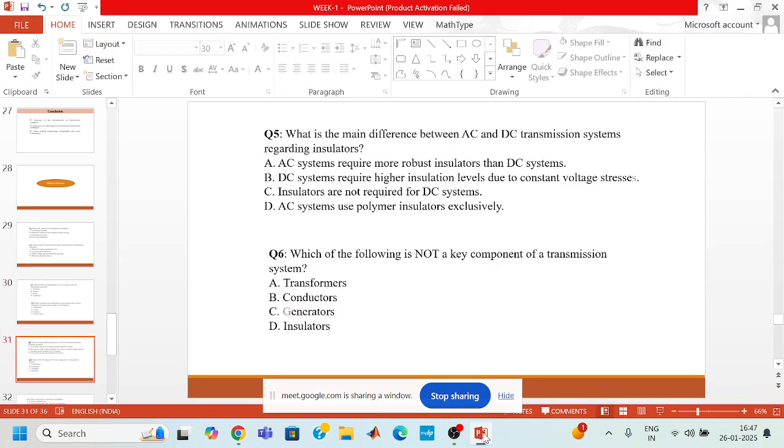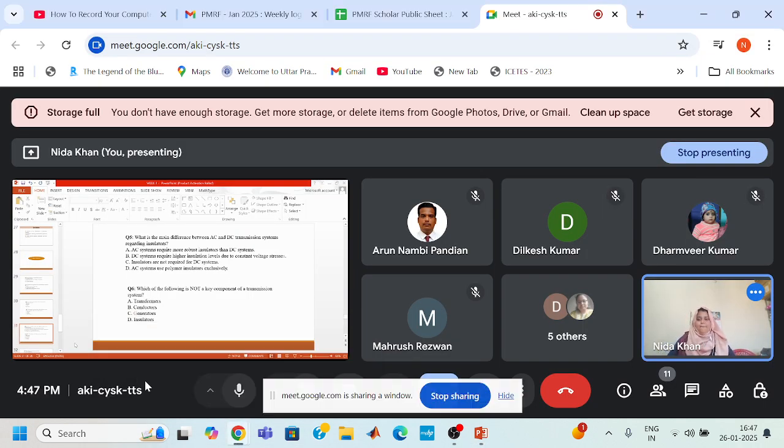Okay, the next question is, what is the main difference between AC and DC transmission systems regarding insulators? How are they differentiated regarding insulators? Option A is AC systems require more robust insulators than DC systems. Second is DC systems require higher insulation levels due to constant voltage stresses.